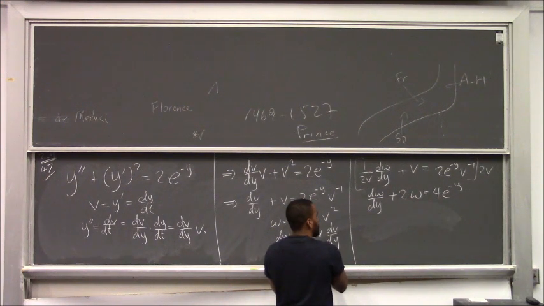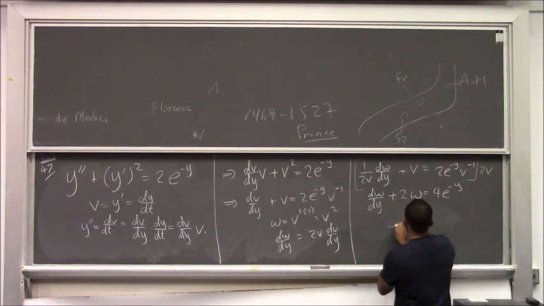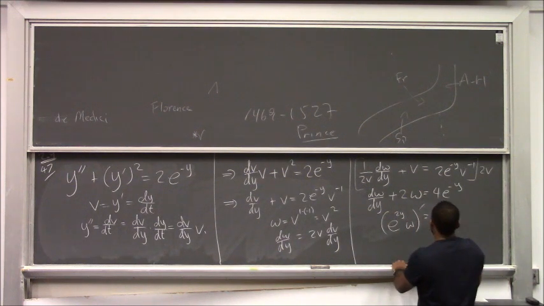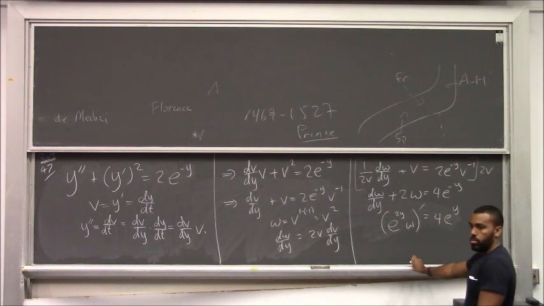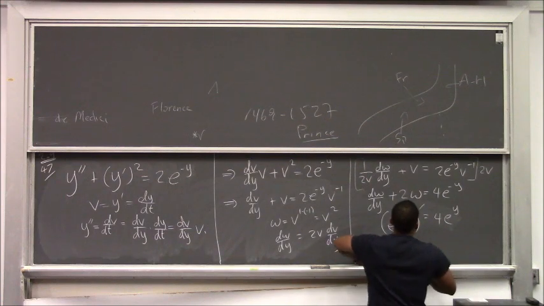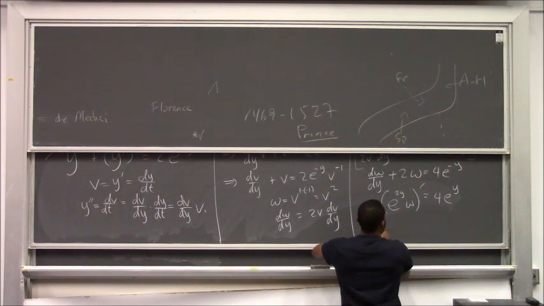So we know that there's going to be an integrating factor, e to the integral of p. So in other words, it's going to be e to the 2y times w all prime equals 4e to the y.